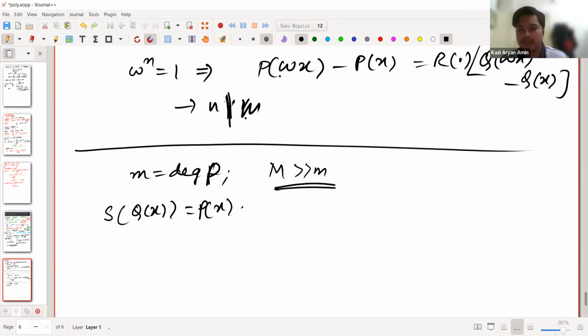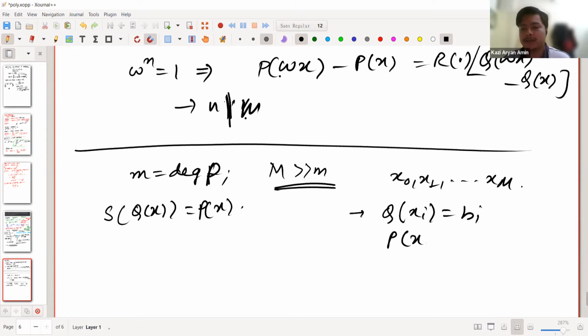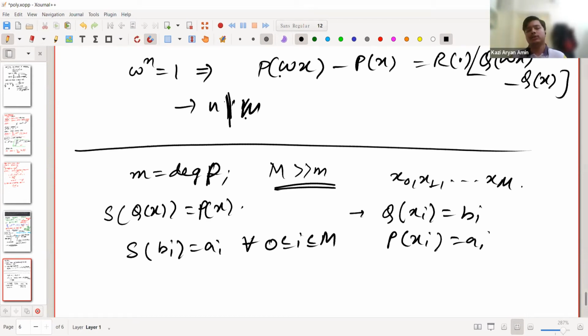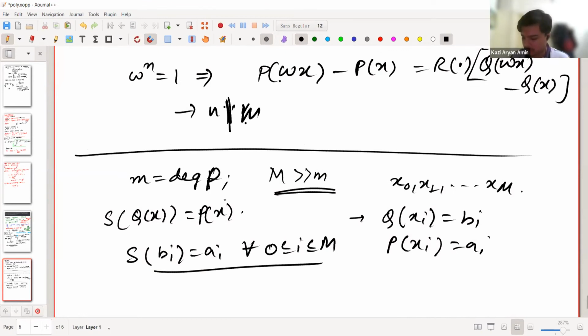So we pick not integers, but reals x0, x1, up till xm, such that q of xi is bi and p of xi is ai. We will interpolate in such a way that s of bi is equal to ai for all i up till m. Does this make sense? So we will build a new polynomial.